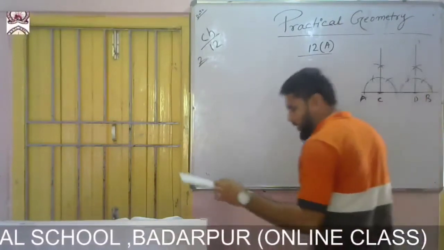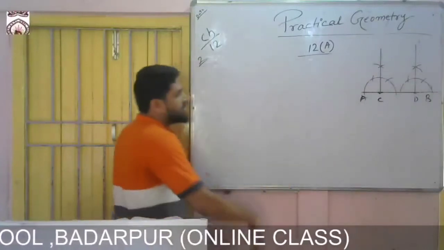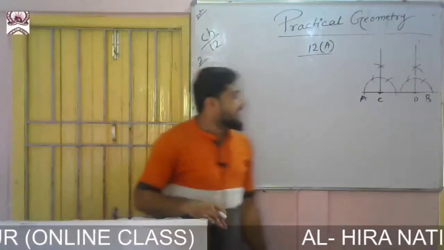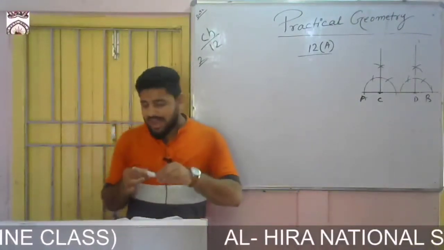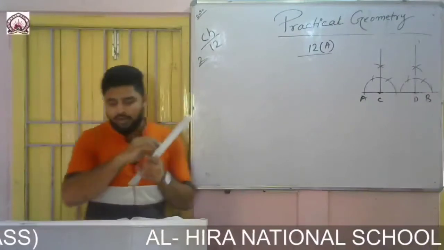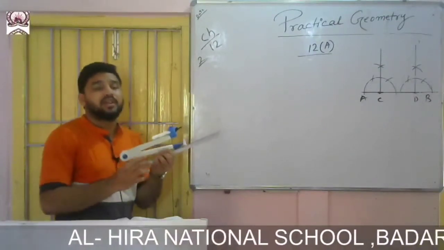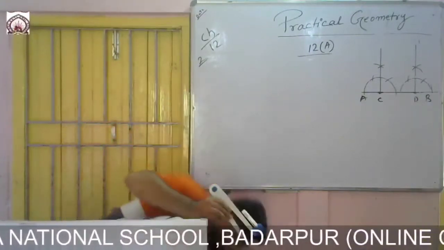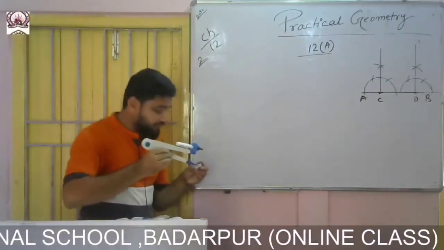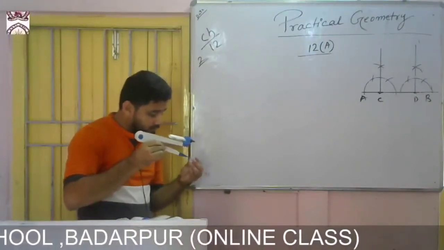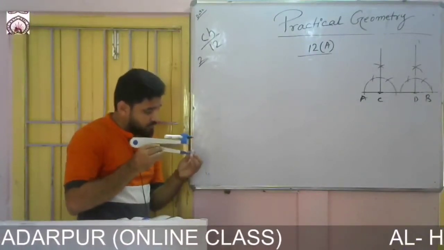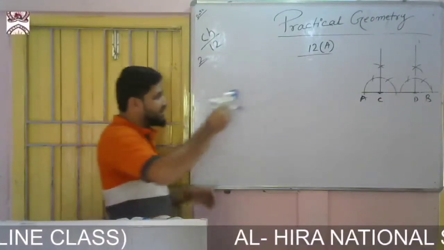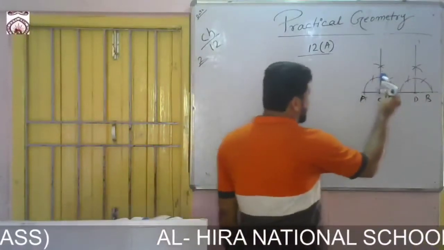So two perpendiculars I have found. Now with the help of a ruler, from there you take 3 centimeter.